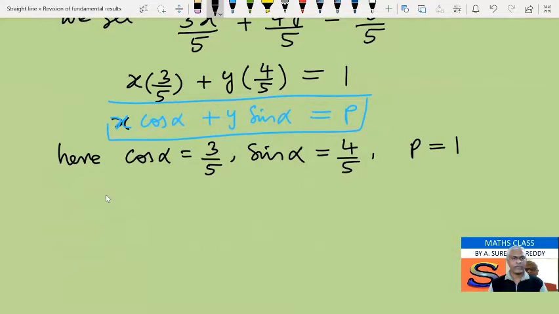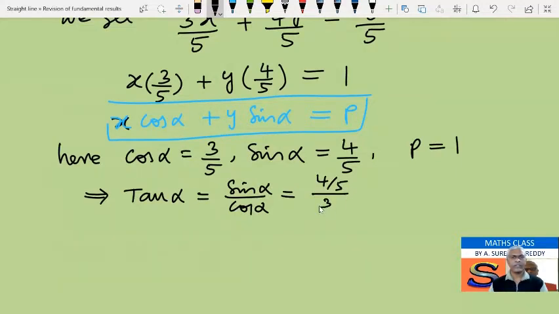So with this you can write tan alpha is nothing but sin alpha by cos alpha. So 4 by 5 divided by 3 by 5. 5 will get cancelled. This is 4 by 3.